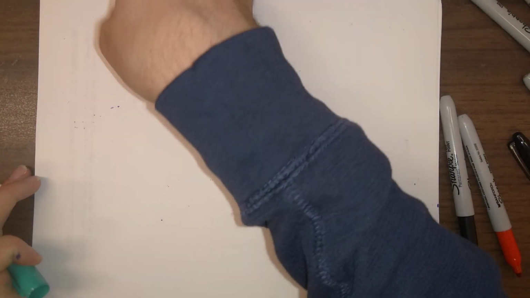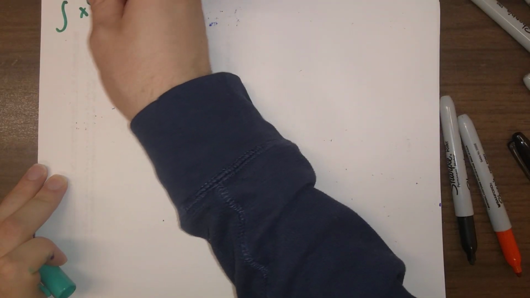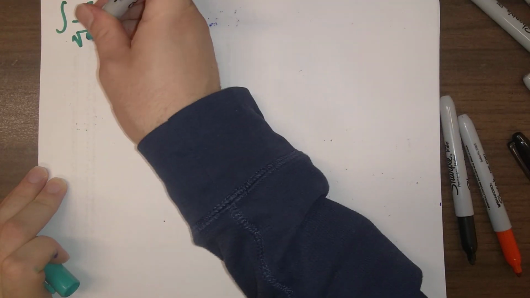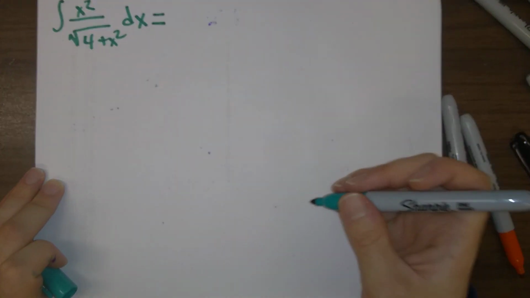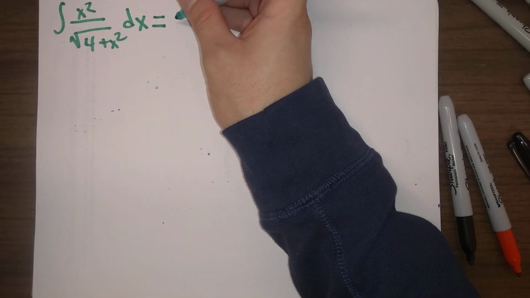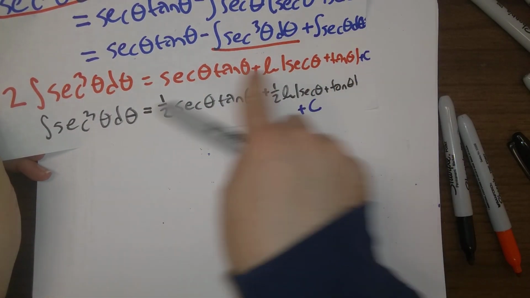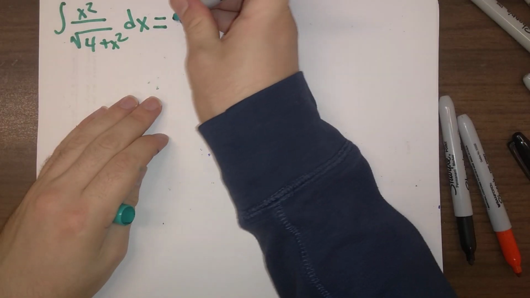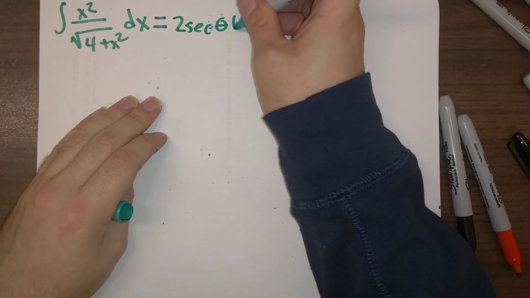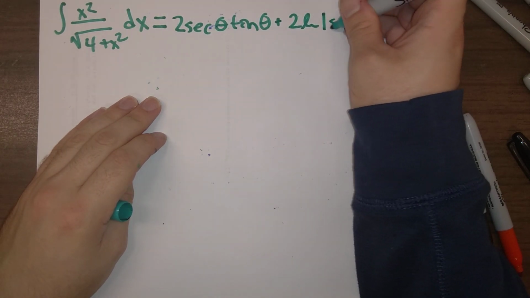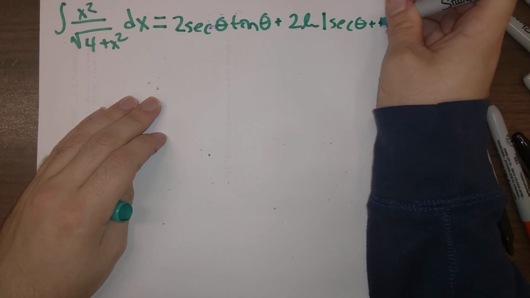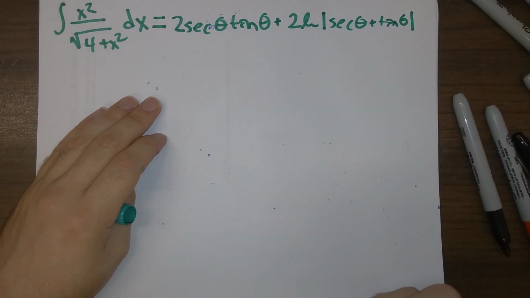So putting everything together says that our integral, the integral of x squared over square root of 4 plus x squared dx, is equal to 4 times this, so that's going to be 2 secant theta tangent theta plus 2 times natural log of secant theta plus tangent theta, the absolute value of that.